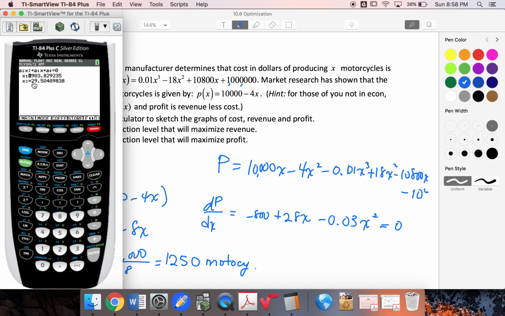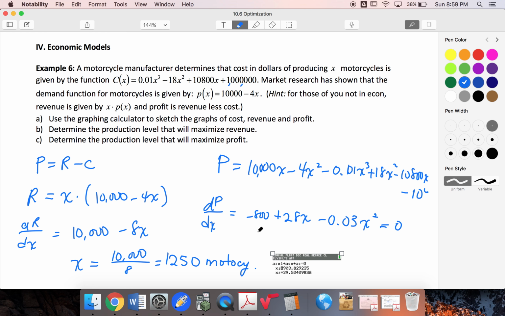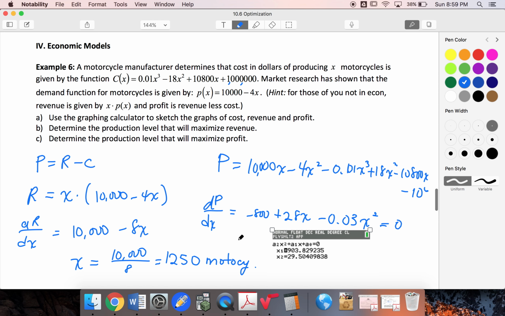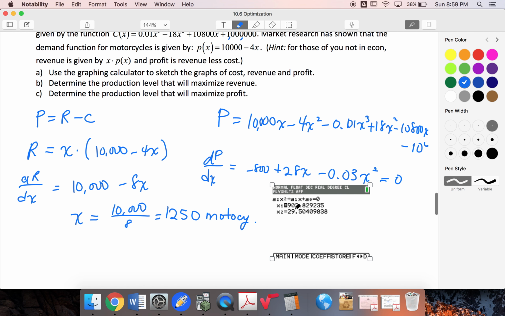And the number of motorcycles is going to be 903.8 or 29.5. We can't make 903.8 motorcycles, and we can't make 29.5, so I'm going to round down. I could also go back and check this by plugging in and seeing which one is going to give me the maximum profit.